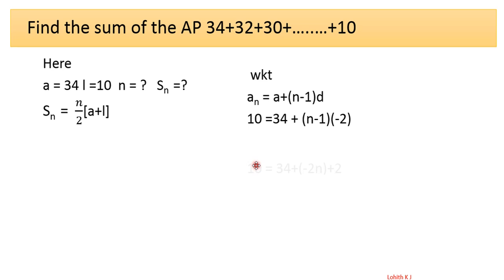Now simplify this: 10 = 34 + (-2)(n - 1), which gives -2n, and minus into minus is plus 2.